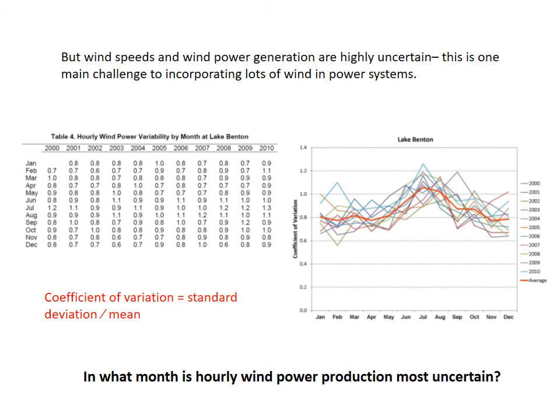That's exactly what you want. But I do think, to some extent, larger variability in wind production during the day is a little more difficult for power system operators to incorporate. So this gives you an idea that some months may be harder than others for power system operators to deal with wind production.